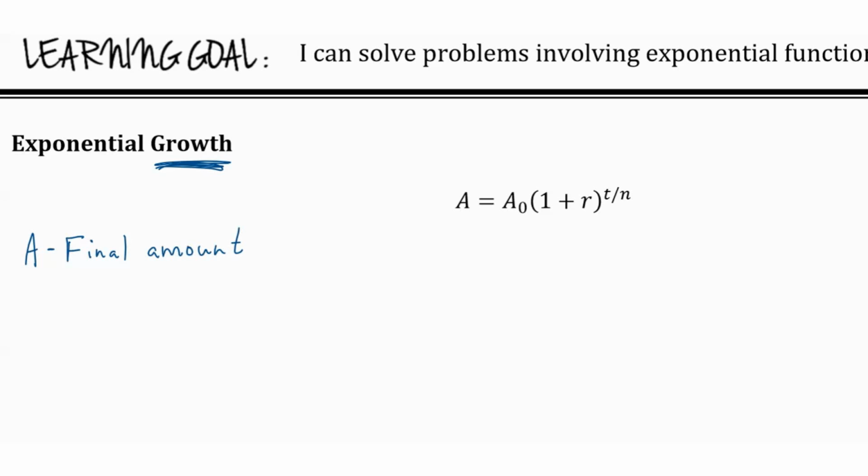If you're given an equation, it might not be A, it might be something else. If it's population, it might be a P. If it's talking about bacteria, it might be a B. So you don't have to use the letter A, but whatever thing goes there, that's the final amount.